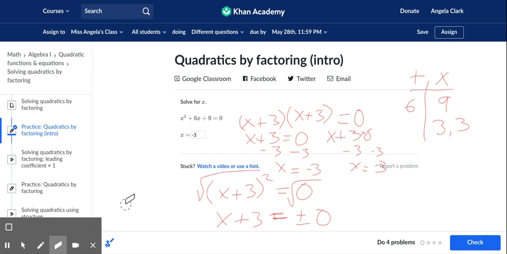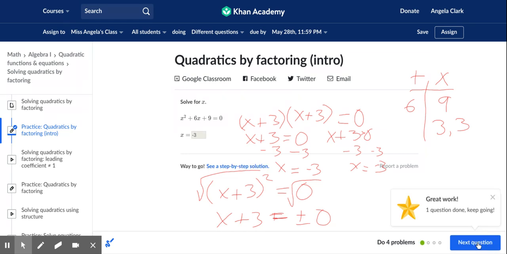So almost always we're going to have two solutions to a quadratic. This is the one situation in which we're not going to have two, we're just going to have one. So this is the exception to the rule that I keep saying, always having two solutions to a quadratic.